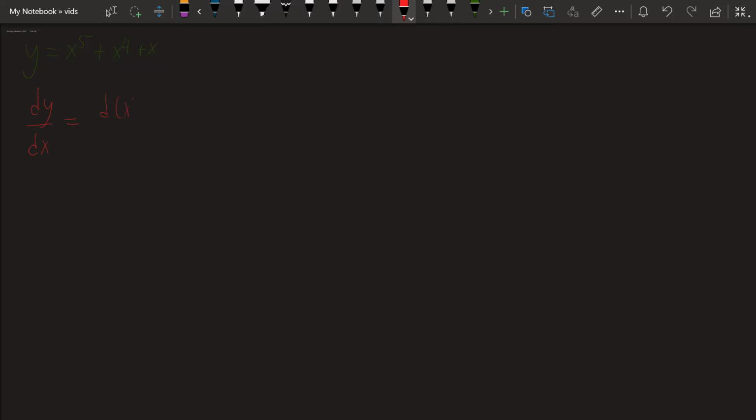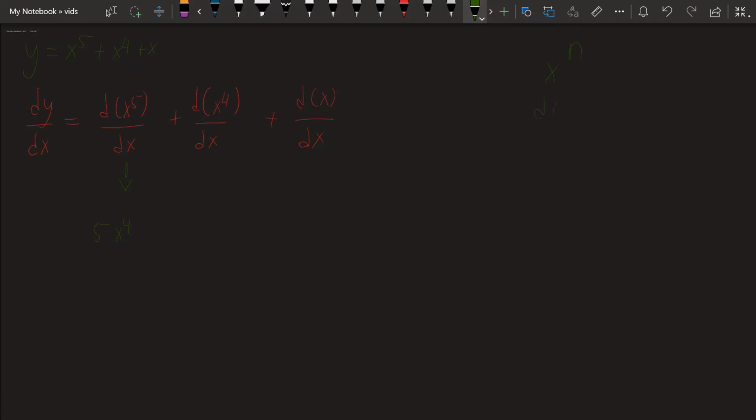Well, we can find the derivative of x to the power of 5 plus the derivative of x to the power of 4 using the addition rule I just showed you. Using the power rule, this is 5x to the power of 4, right? Let's restate the power rule.